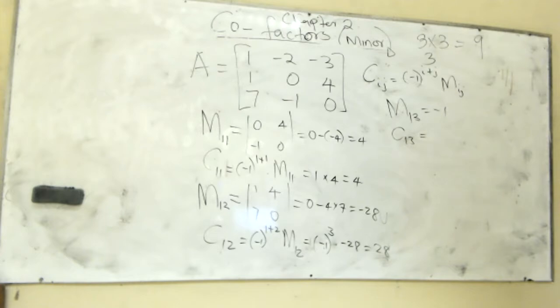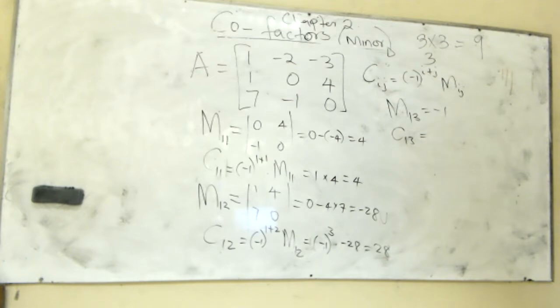I don't know, so let me find out from him. What are you getting? I want to compare the answers. The first one, the minor, is -1. Yes. Which answer are you getting for the cofactor?